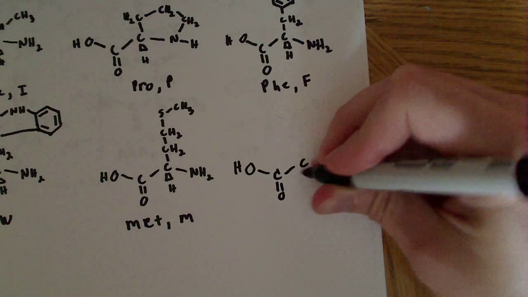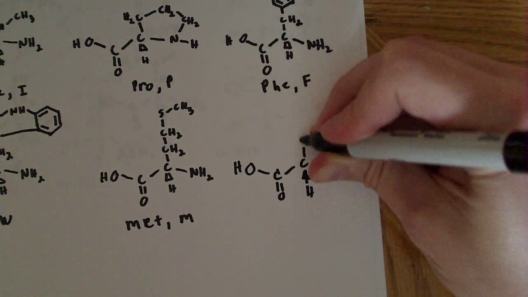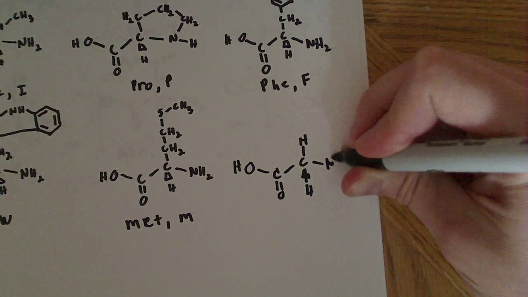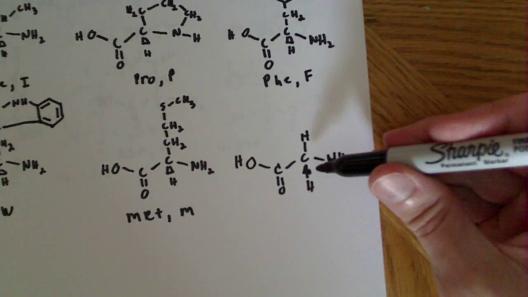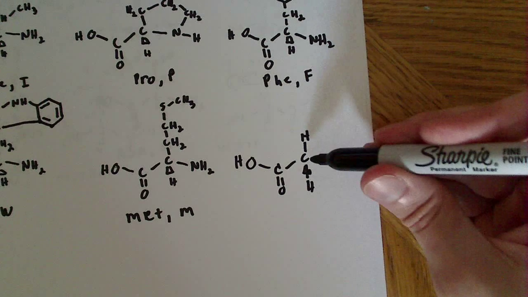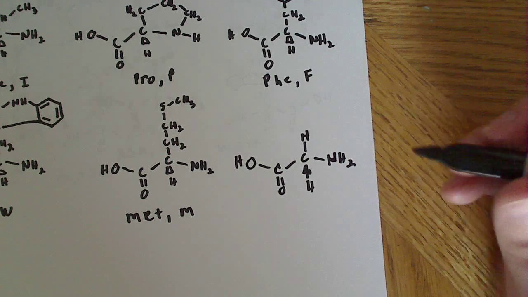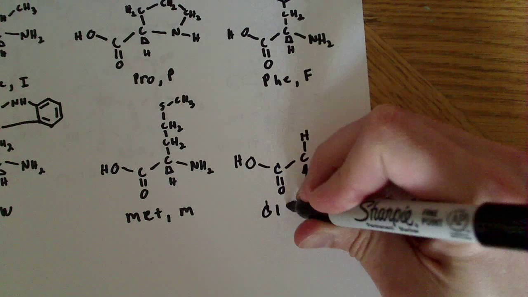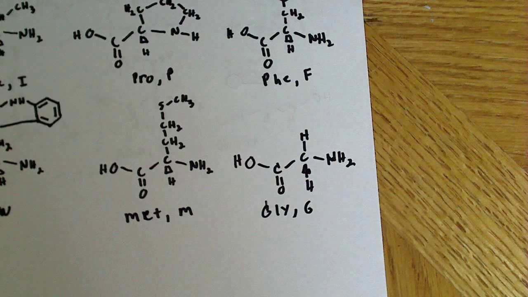So again, C alpha, and I almost made a mistake there because this is not a stereocenter. So there's two hydrogens here. There's not four different groups attached to this carbon. So that's one of the unique things about glycine, which is GLY, G as the abbreviations.